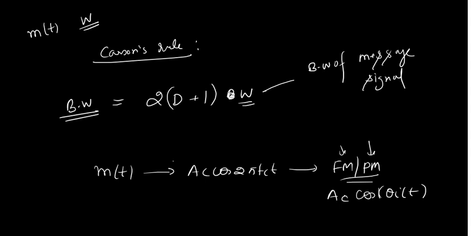So, if the bandwidth of this message signal is W, then the practical bandwidth will be 2 (D plus 1) W. But what is D?